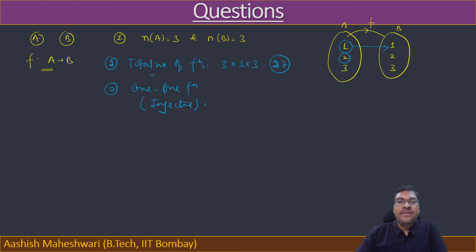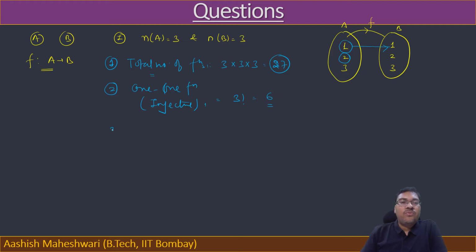So these 3 elements are there. In how many ways can you map these 3 elements of set A to these 3 elements of set B, such that every element is mapped to different element? So can we say there are 3 objects 1, 2, 3, and you have to place them on these 3 places 1, 2, 3. Correct? In how many ways? You can clearly see this is 3 factorial ways, because you can arrange them on 3 places in 3 factorial ways. So total number of one-one functions will be equal to 6.